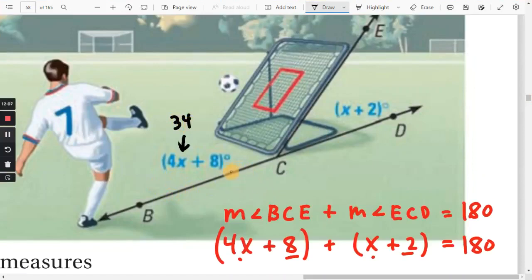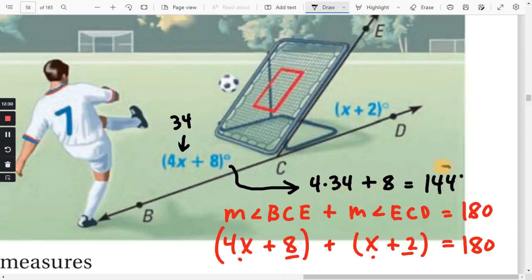I'll do this over here. It's going to be 4 times 34 plus 8. Okay, that's 120, 136 plus 8 is 144. And that's in degrees.